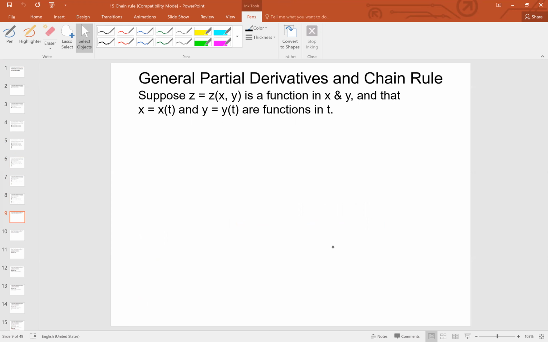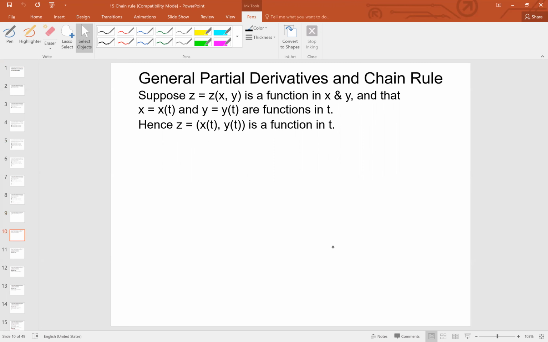Now next, we can have compositions of multivariable functions. But before we talk about that, let's talk about the chain rule a little bit. So, an example of a chain rule. I have a function z in x, y, where x and y are functions of t.